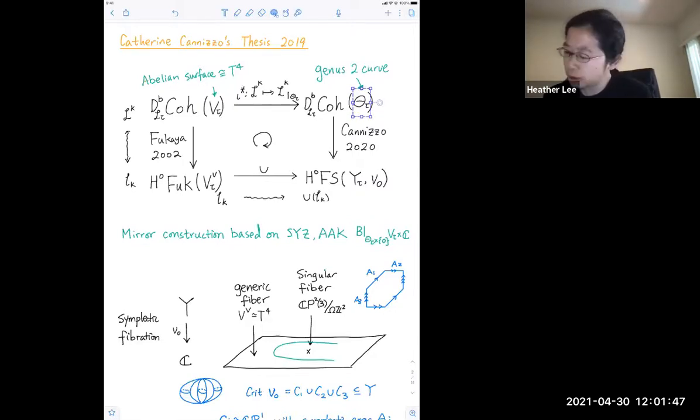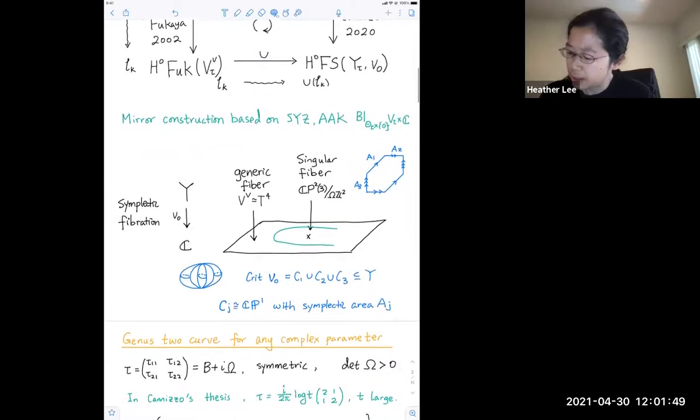We know that the complex parameters for genus 2 curves live in this three-dimensional space, the Siegel upper half space, given by symmetric 2x2 complex matrices such that the imaginary part has positive determinant.